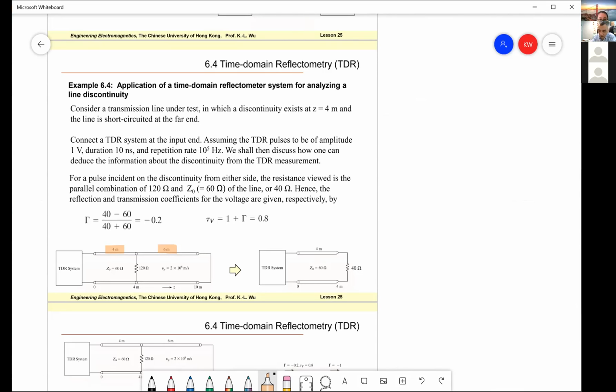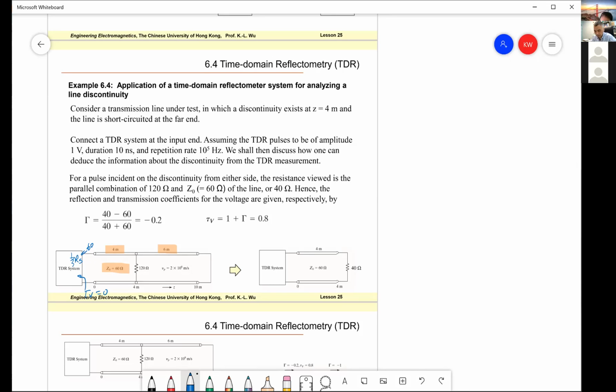The whole transmission line has an impedance of 60 ohms. Even though I didn't mark the internal one, because we have the absorber matched circuit, it must equal 60. So that means the reflection coefficient equals 0.